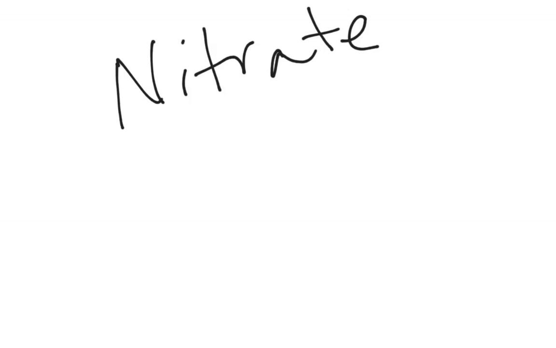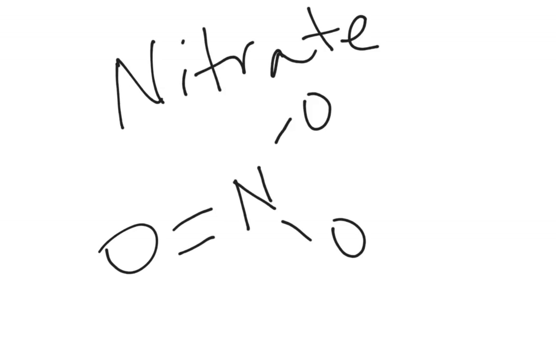Then another one that we are going to have is nitrate. And this one looks a little bit funny, or a lot bit funny. Notice here, this is weird for us, that the nitrogen has 4 bonds and no lone pairs, right? This can happen.